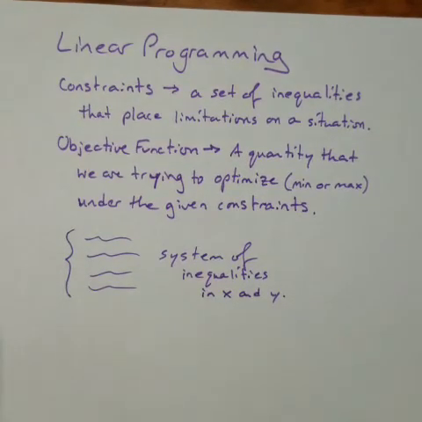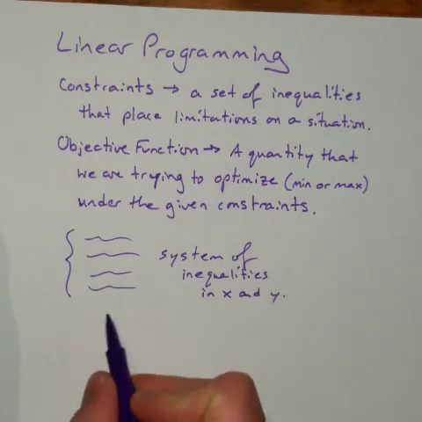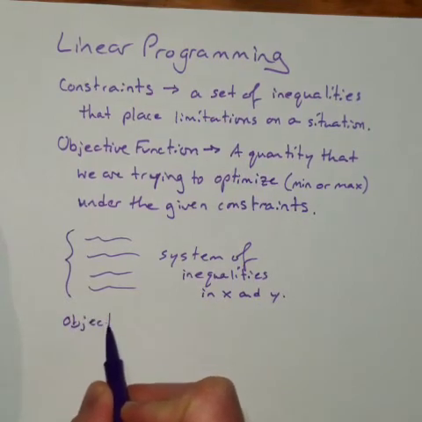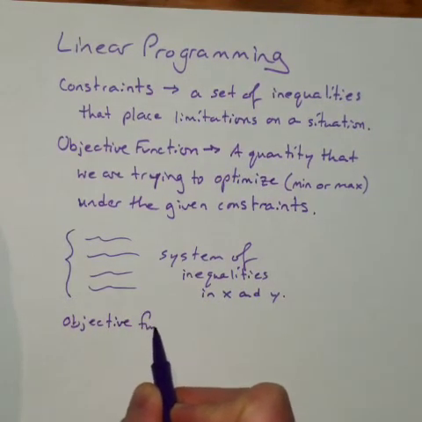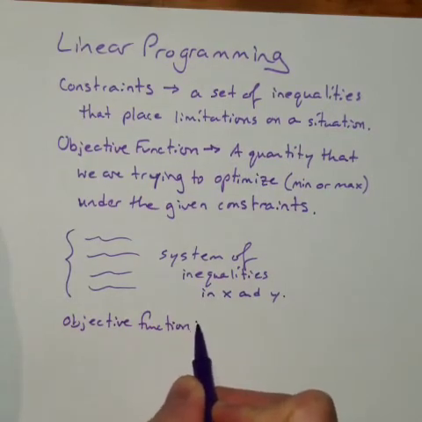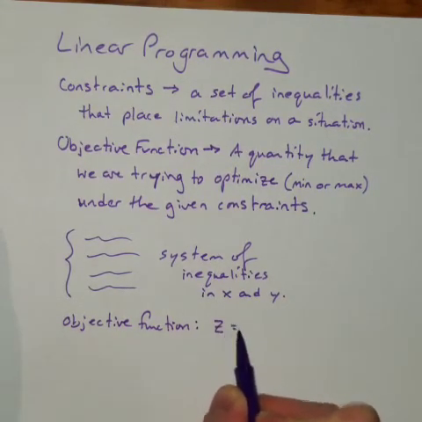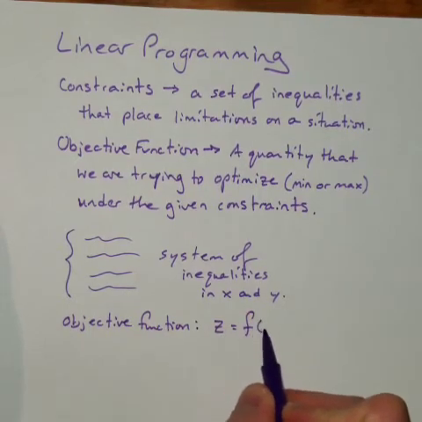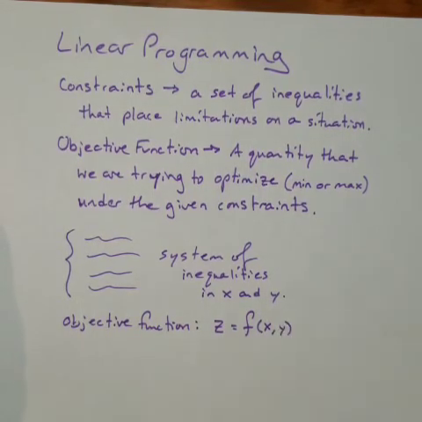But it is often a third variable or third item that we're trying to minimize or maximize. And so that third one we're going to call z. So the objective function is going to be z, a third variable, and it's going to be some function of both x and y.